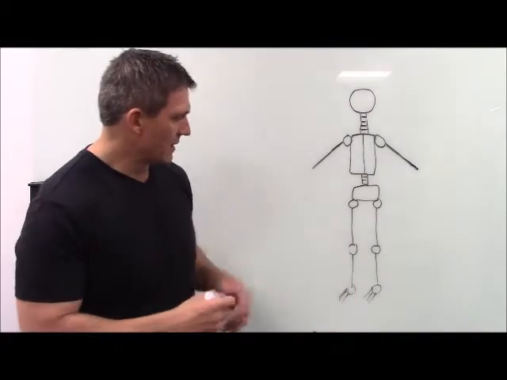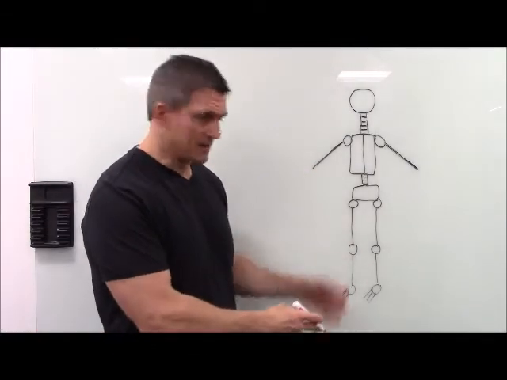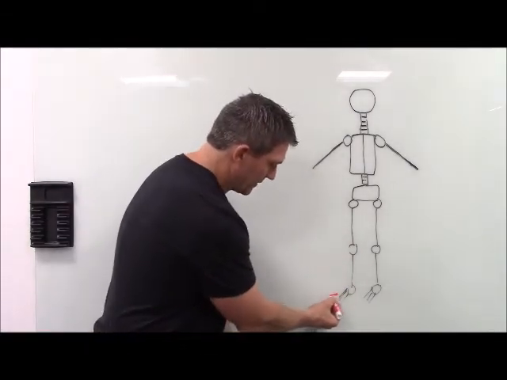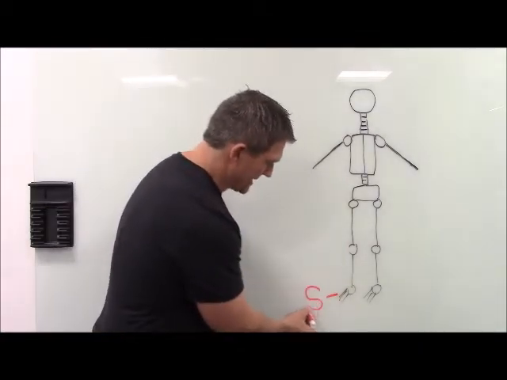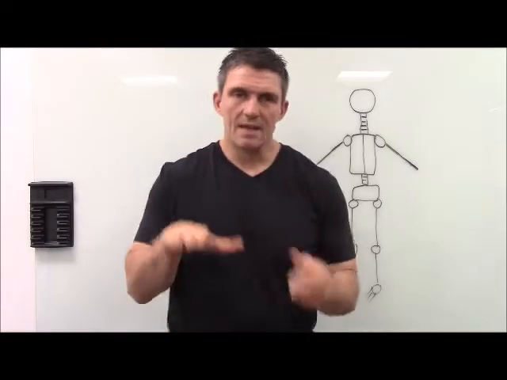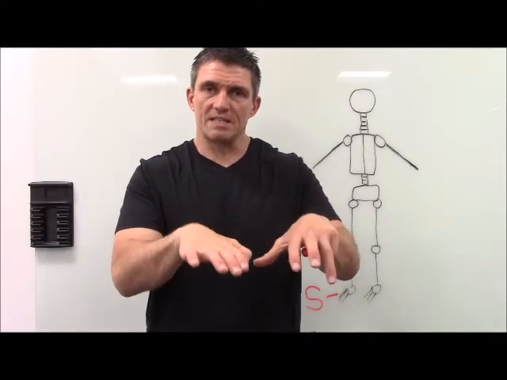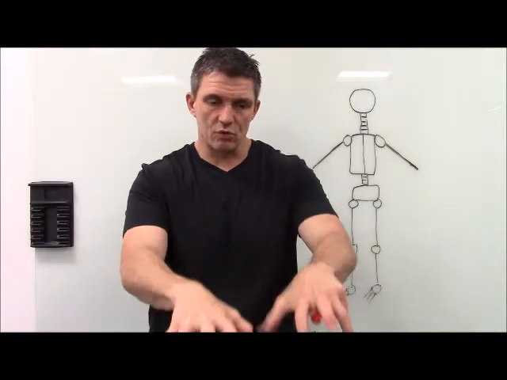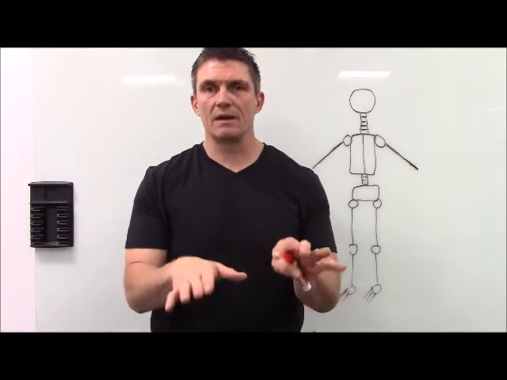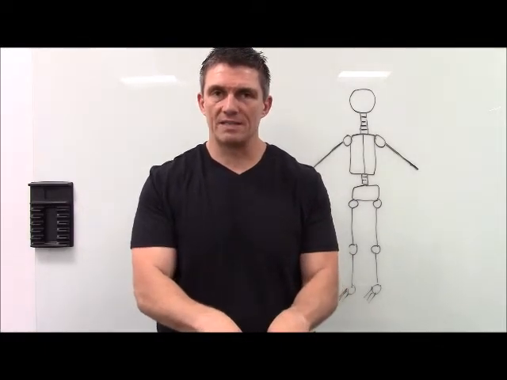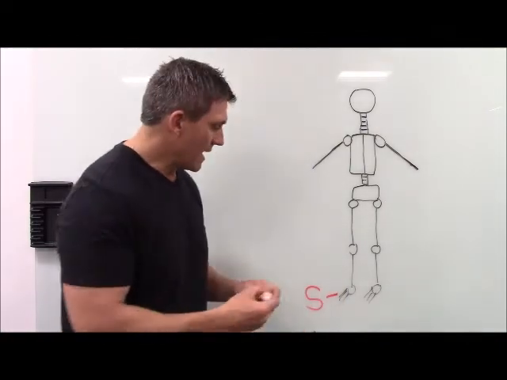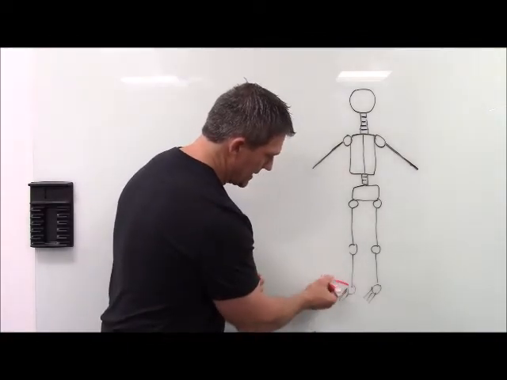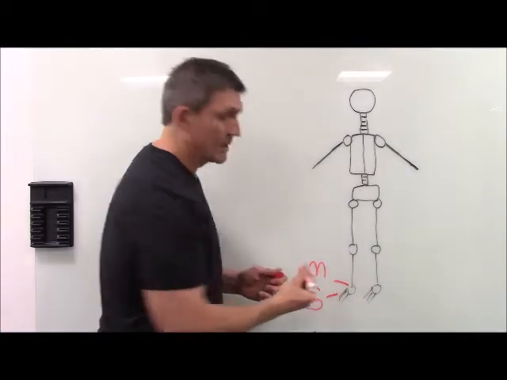When we think about the body's joints and segments, we'll start at the foot. The foot joint is designed for stability, a big S. Stability, the arch of our foot is what controls that stability. The segments of our feet are controlling us as we hit the ground. Think of a collapsing arch or flat foot on somebody. It's a sign of a lack of stability in the foot. Moving up, the ankle joint is designed for mobility or movement.